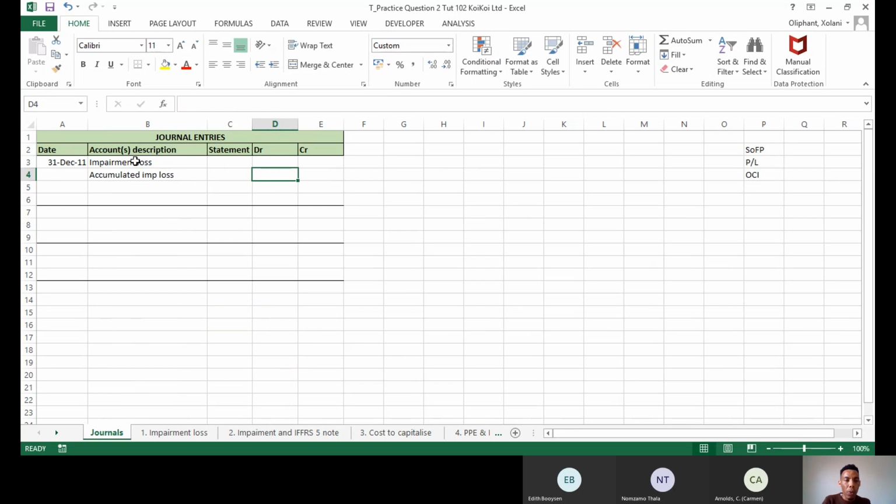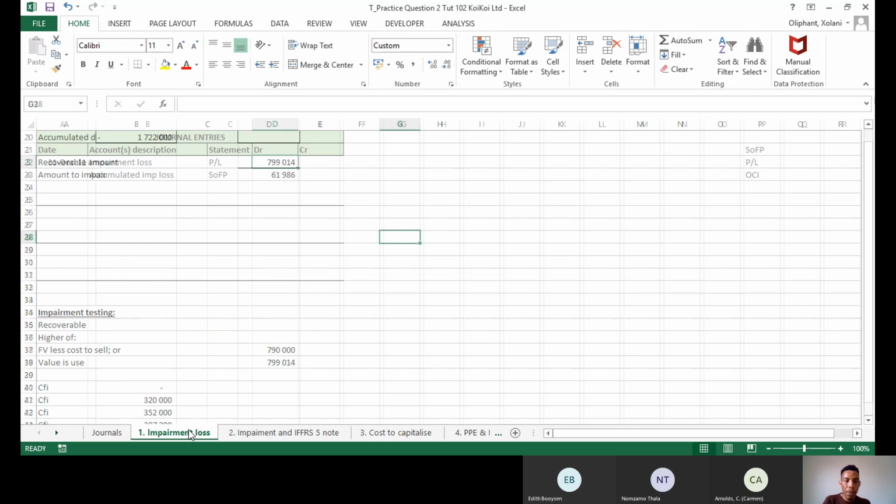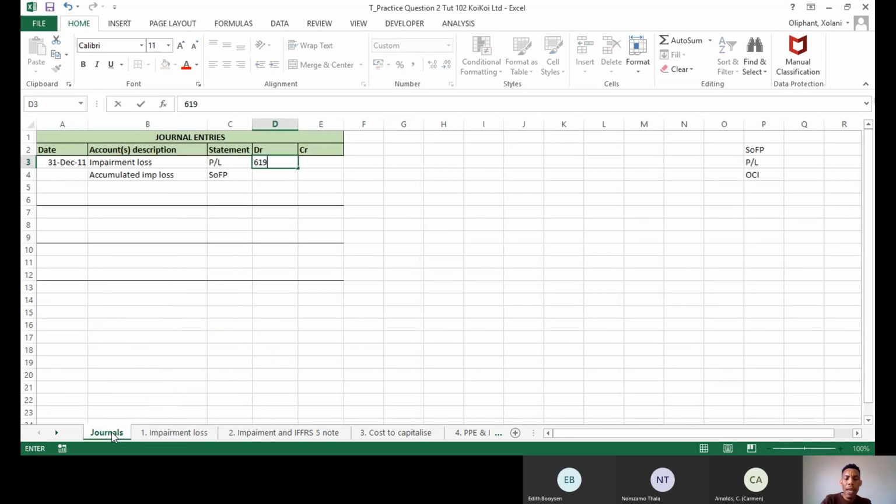Obviously you would have debited that amount in your profit and loss, and the accumulated impairment loss would be in your statement of financial position, and the amount would be 61,986 for each. So it's always very easy to start with the easiest journal that you can remember, and then I think the rest will follow. So, recognition of impairment.